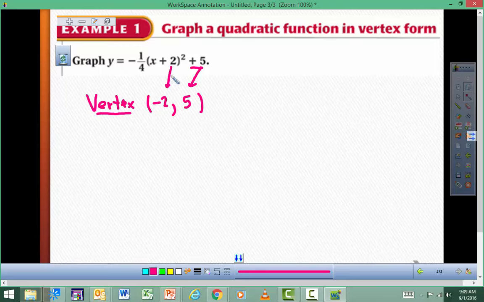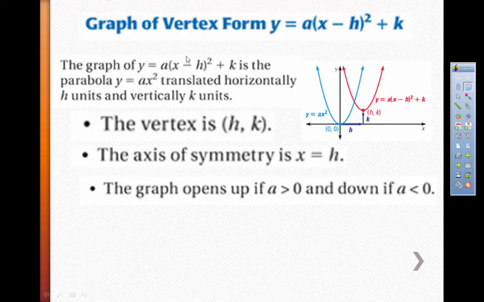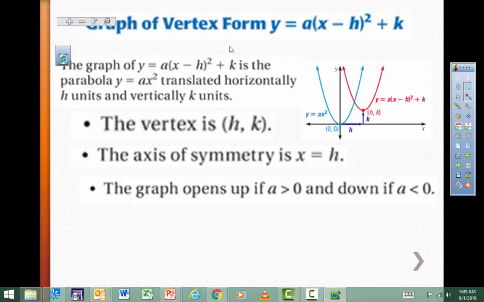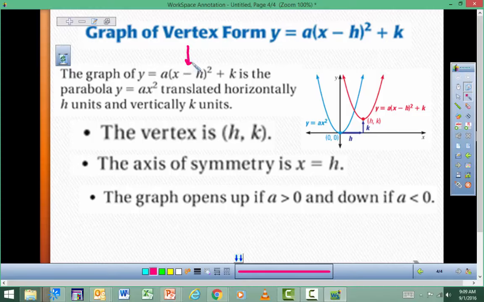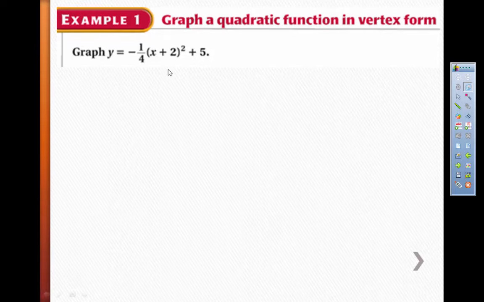It's kind of tricky. A lot of people say, well, why isn't it positive 2? I thought you said it was h and k. Well, let's go back and take a close look at that. When you looked at it, it had a negative sitting here, right? On our problem, we have a positive sitting there.